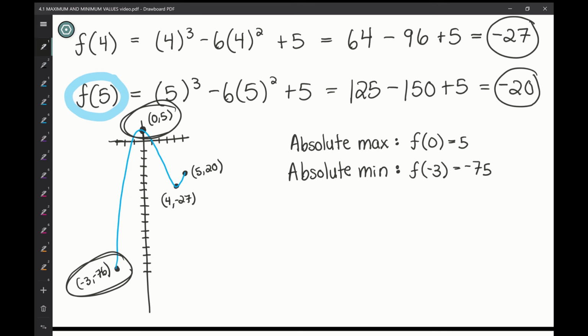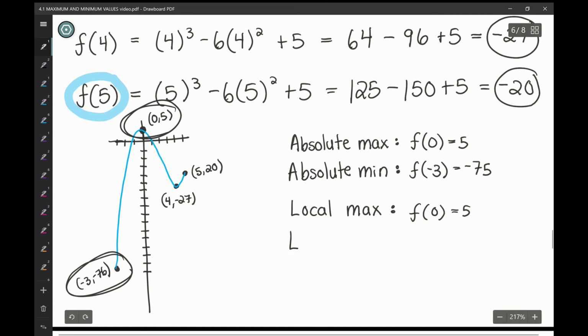Then we'll check for any local maximums or minimums. We have a local maximum at x is equal to 0. I suppose we could say f of 0 is equal to 5 again. So at x equals 0, we have both an absolute and a local maximum.